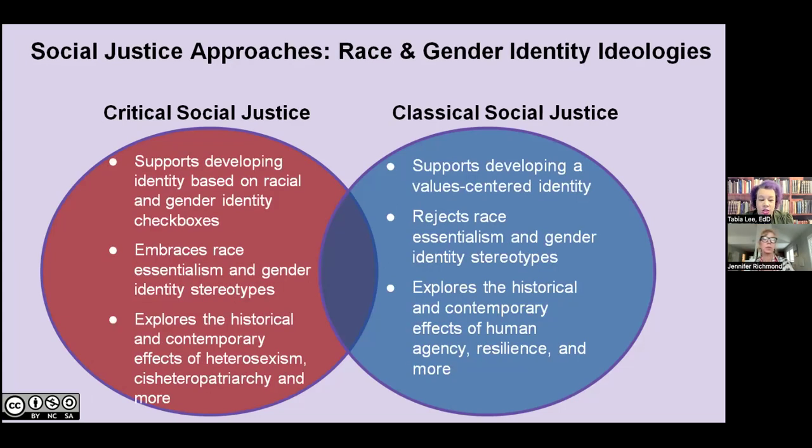What about race and gender ideologies? It was the early 2000s, late 1990s, I coined the phrase ideology in practice and started using it in my teacher trainings and professional development. And I was trying to help teachers to understand and to better recognize the ideologies of various sorts that they embody and enact in their classrooms.